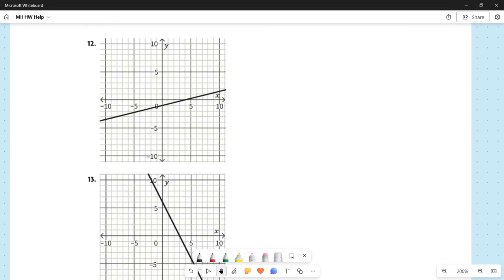Question 12. So for question 12, it's the same general idea as 11. And we're taking this linear function, and we are applying the absolute value function to it. So again, with absolute value, whenever our result is positive, nothing really changes. So the part of this graph that is above the x-axis is not going to change.